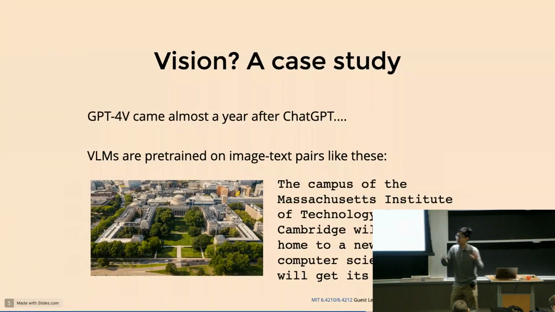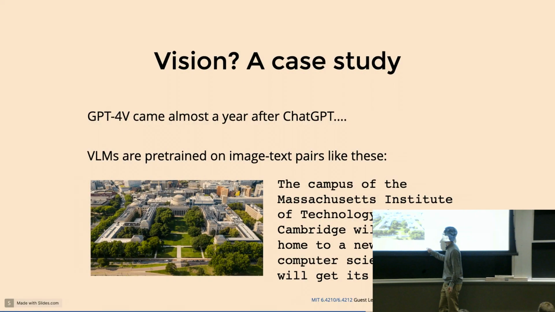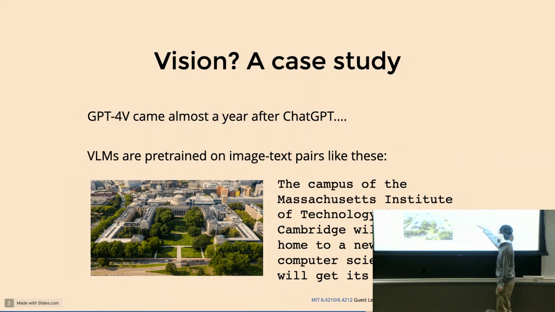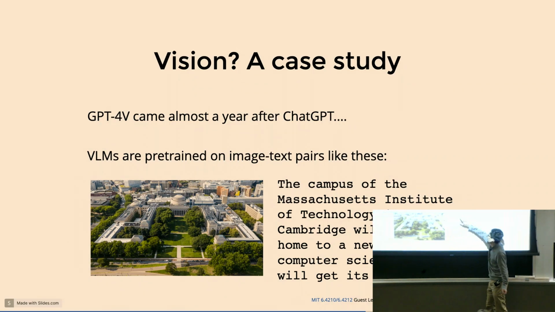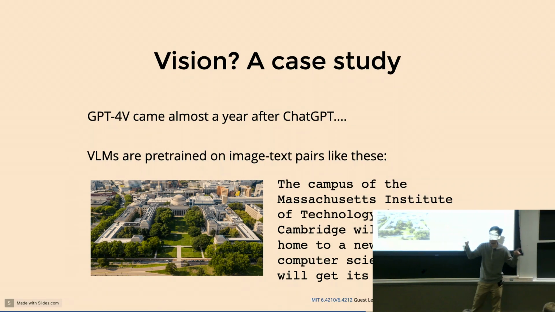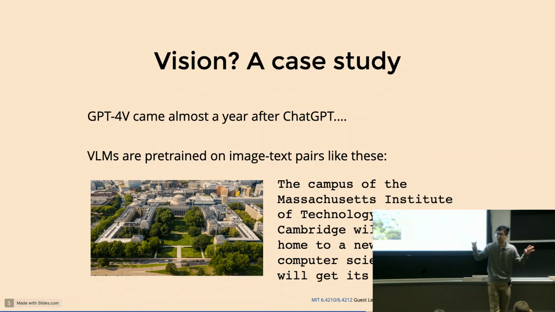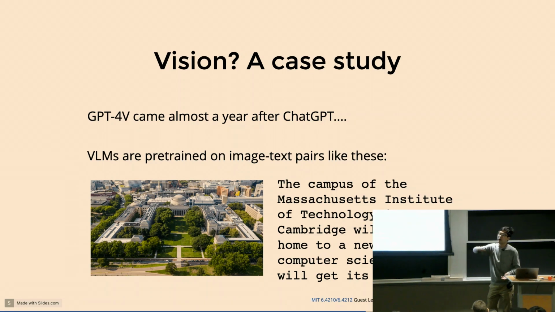That is, you throw the image into a multimodal model and ask it to predict the next tokens given the context. For example, I give it this image, I give it the campus, and I train it to predict something like "of the Massachusetts Institute of Technology." That's the captioning task. However, what you actually want is a multimodal model that takes an image and you ask it a question.